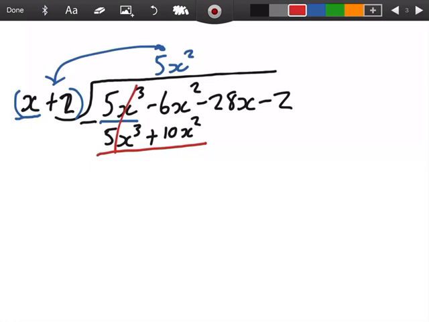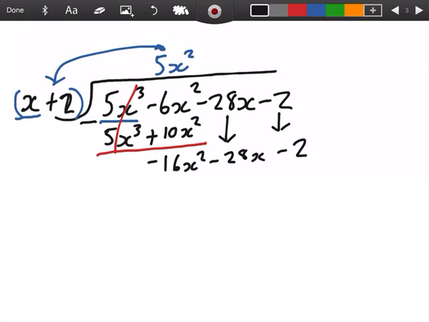Negative 6x squared minus 10x squared is negative 16x squared. And then we bring these two down. And now we do the whole process over again.